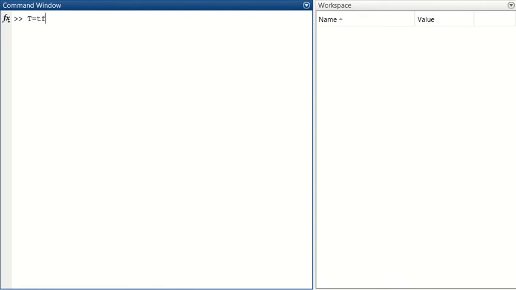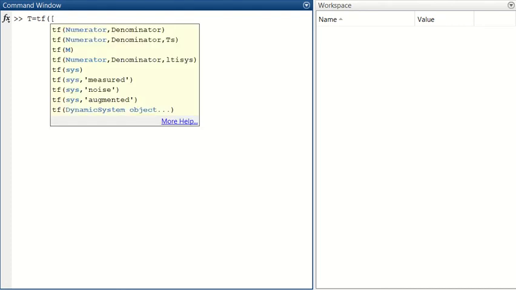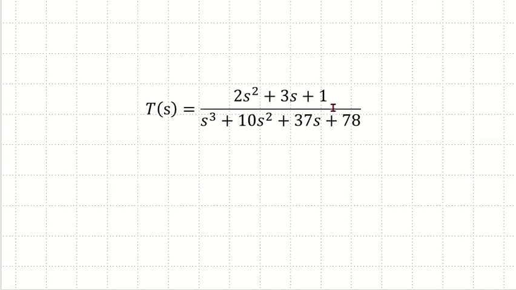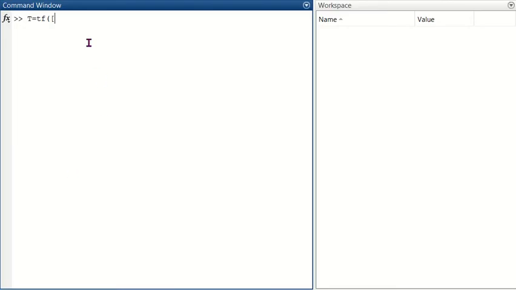The command for obtaining the transfer function, as was discussed in the previous lecture as well, is tf. In the numerator polynomial we had 2s square plus 3s plus 1, so it can be written as 2, 3, 1.